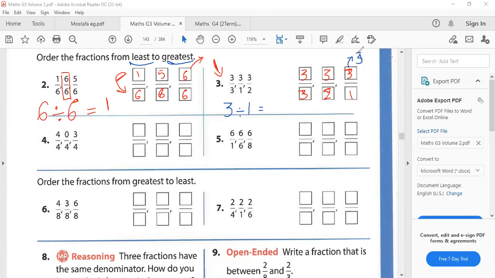And this one is 3 divided by 3 equals 1. Then this one will be 2.5. So 1, then 2.5, then 3. It is exactly correct. Okay, Farouk. Perfect. Thank you.